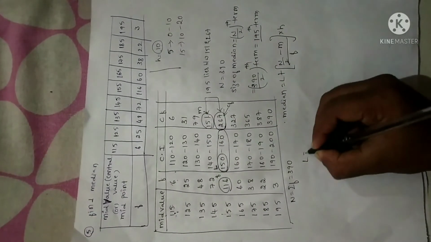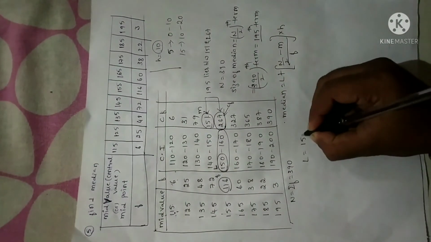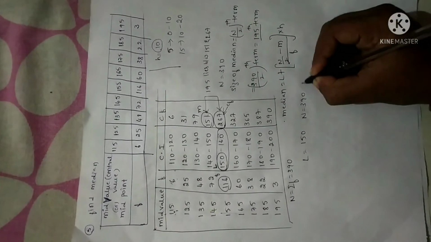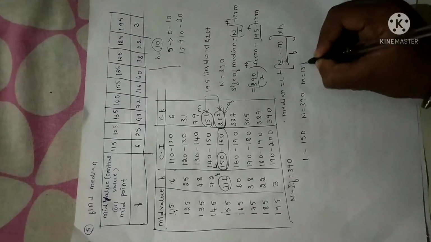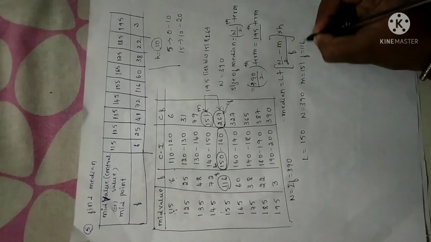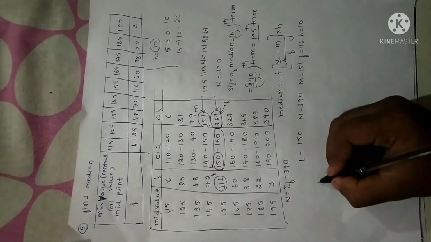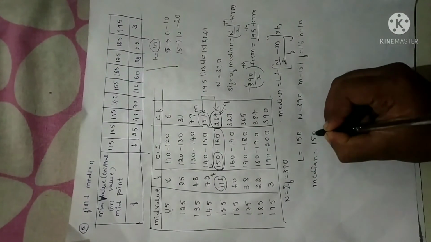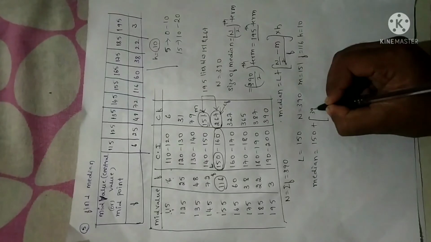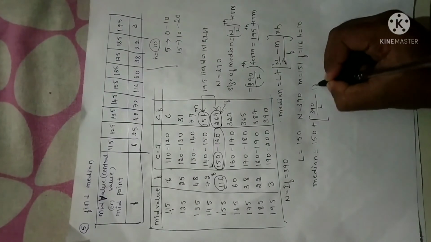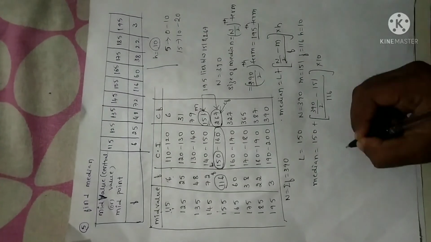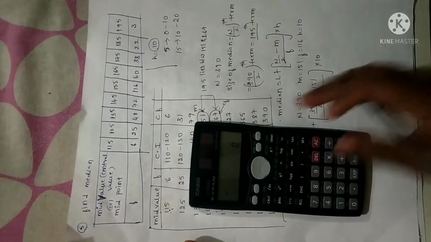Now make a list of all these values. L value is 150, N value is 390, small m value is 151, F value is 116 and H value is 10. Now let me substitute: median is equal to L is 150 plus N is 390 divided by 2 minus M is 151, divided by F is 116, into 10. See here, I will show you the simplification.